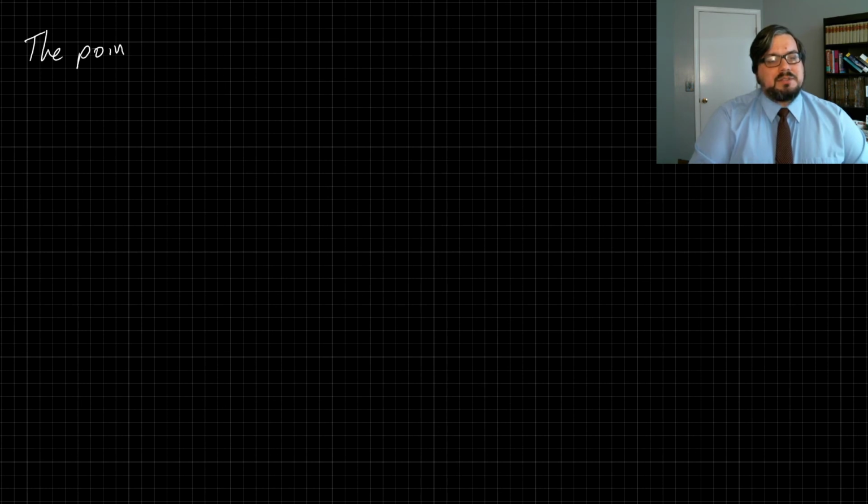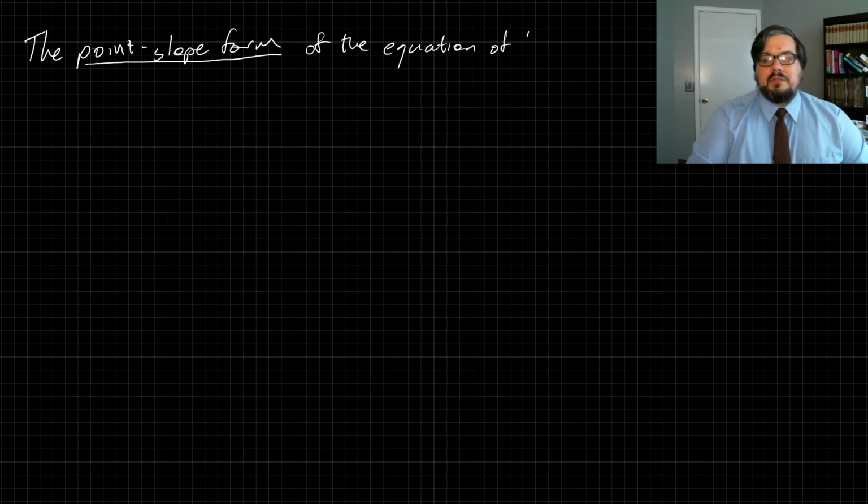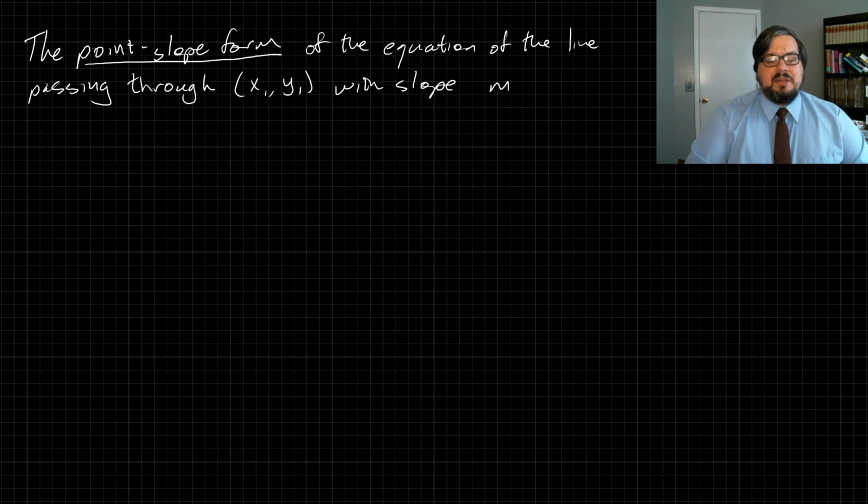So the point-slope form of the equation of the line passing through the point x1, y1 with slope m is the following form. y minus y1 is equal to m times x minus x1.